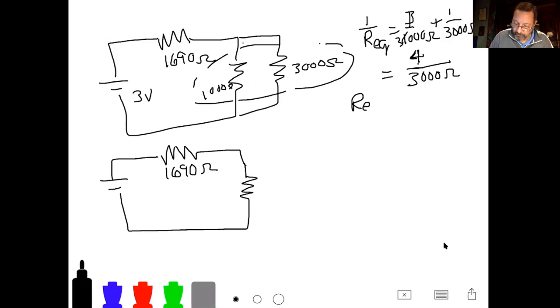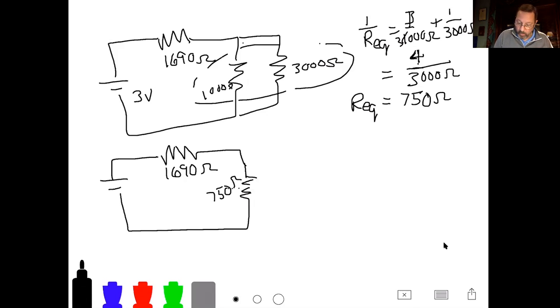So the equivalent resistance must be 3,000 over 4 ohms, which, 3,000 over 2 would be 1,500, divided by 2 more would be 750 ohms. So this one must be 750 ohms.